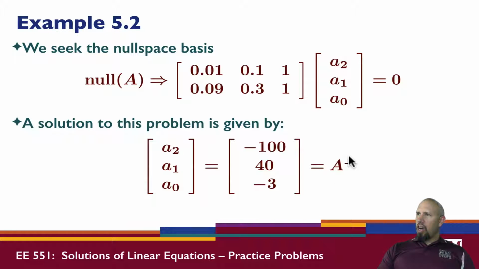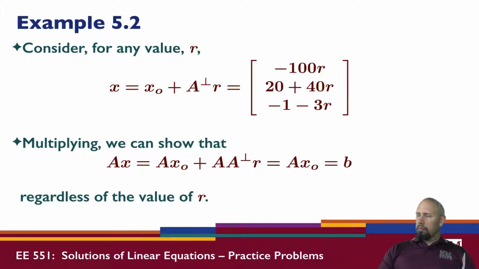And that column now is our orthogonal subspace matrix. So if we let x be x naught, the x that we chose previously, and then we add this quantity onto it, this is a general solution to our problem. So in this case, for any r, this will solve our problem.